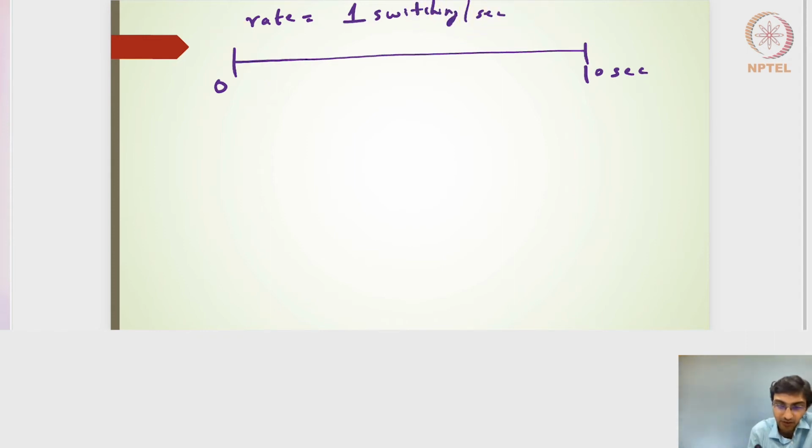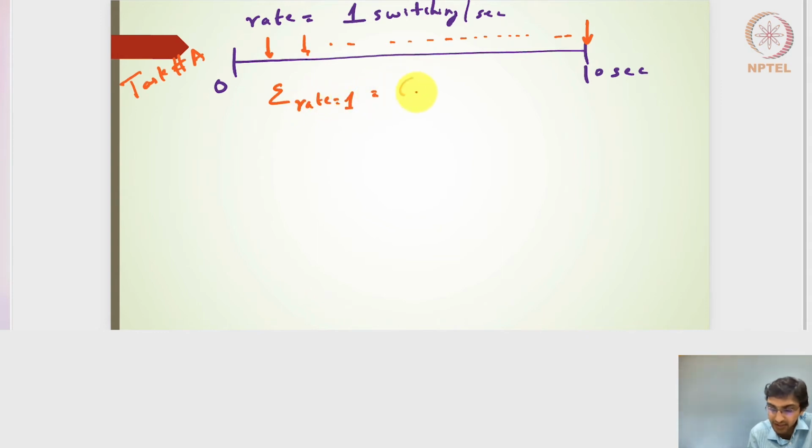So I will have 1 switching to be done at each of these seconds, and let's say it requires 10 switchings to be done. So task A will complete in 10 seconds. So the energy required to complete task A with a rate of 1 will be nothing but C VDD square.